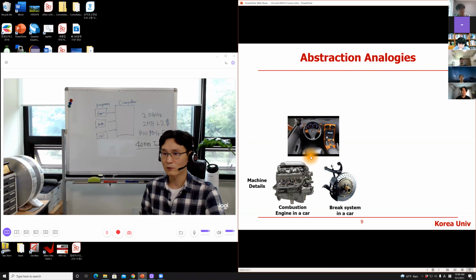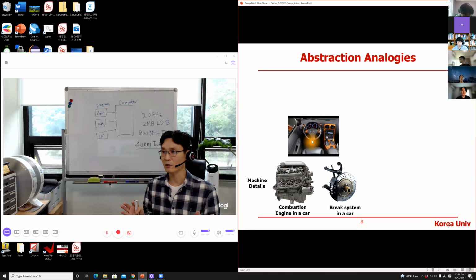If you want to move forward, you shift this gear to the driving position, then step on the accelerator. Then the car will move forward. If you want to turn left or right, use this steering wheel. So this cabin is providing an abstraction layer.